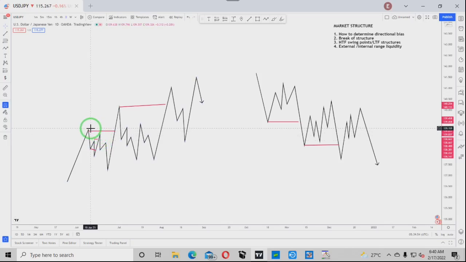All right? Price came from below here, from down here, and printed a high and then pulled back. That high is where your focus should be. That high and this low here is where you should pay attention to.